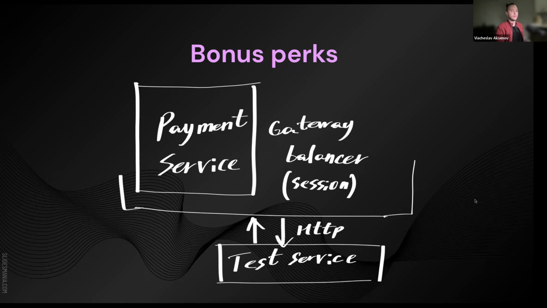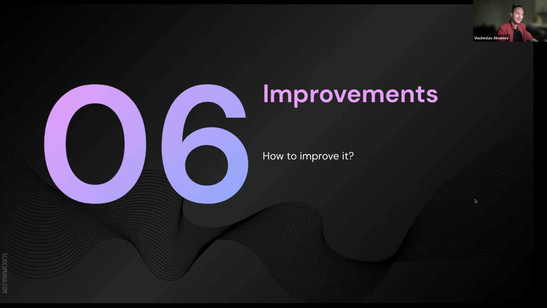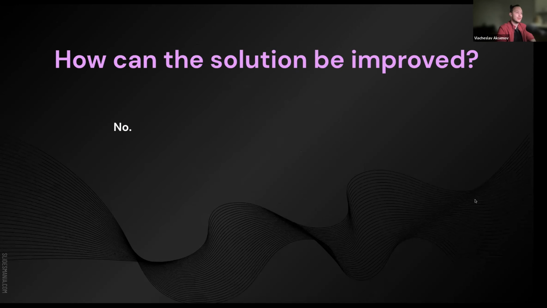Okay, so what lessons did we get from this, let me say, complex task? What is the conclusion, and how can we maybe improve this functionality? How can the solution be improved? No, it cannot be improved.